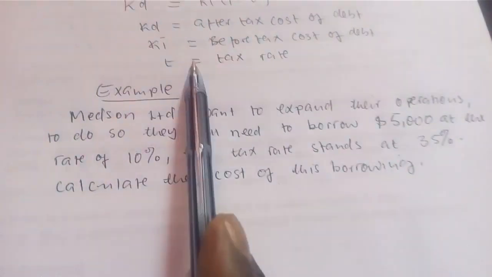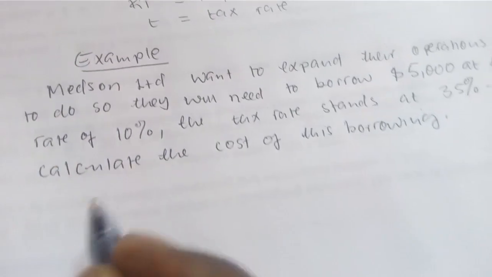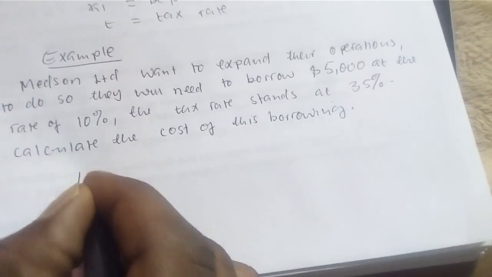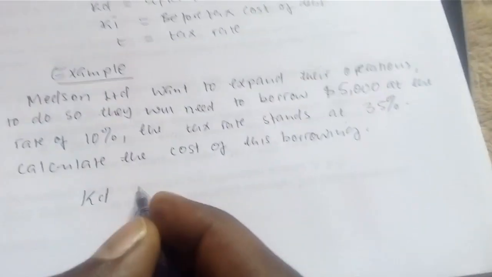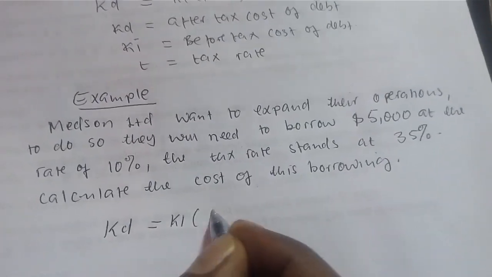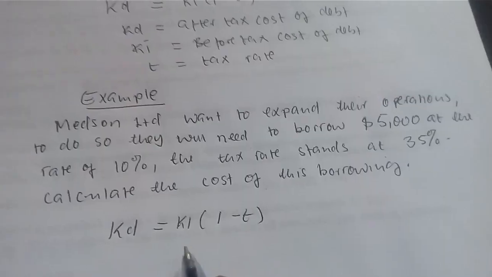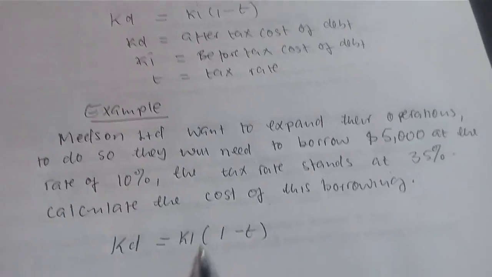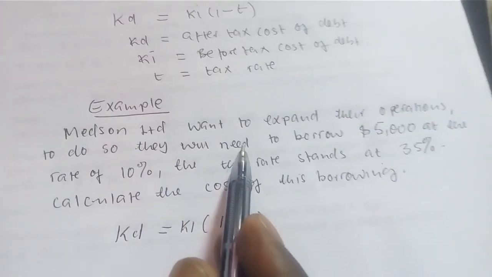Applying this formula, we can easily find the cost of this borrowing, where we say cost of debt is equal to KI(1 - T). Let's examine the components of this formula from this example.